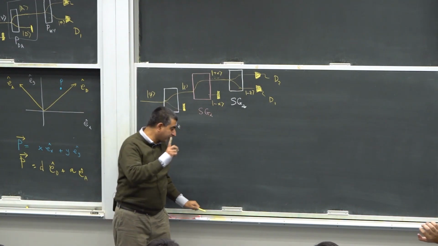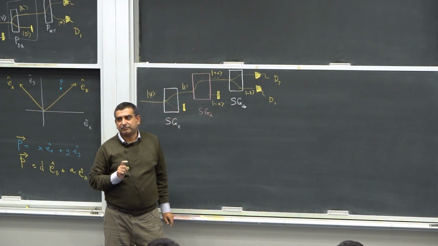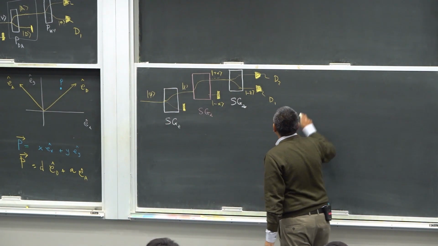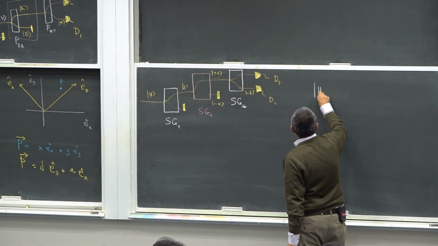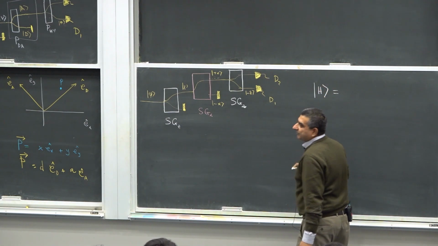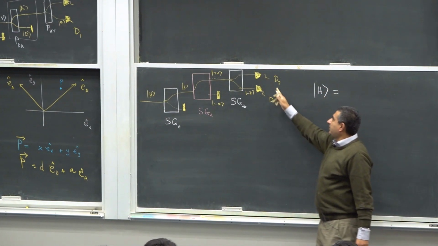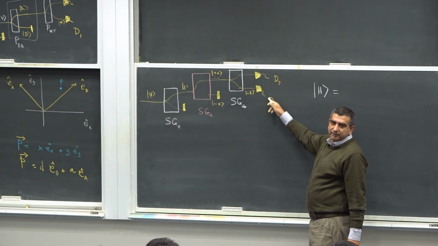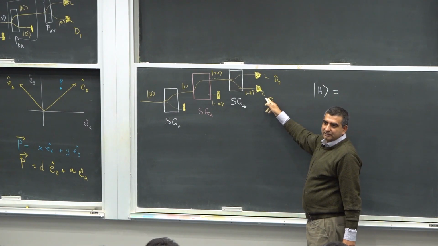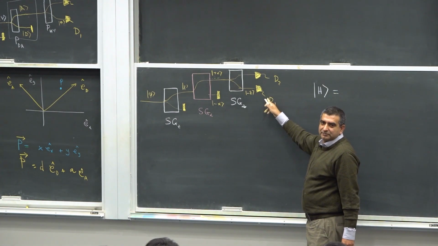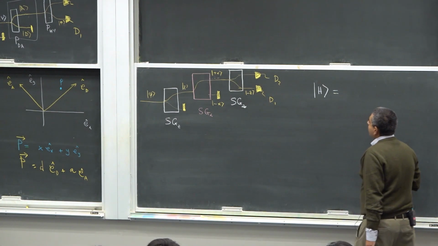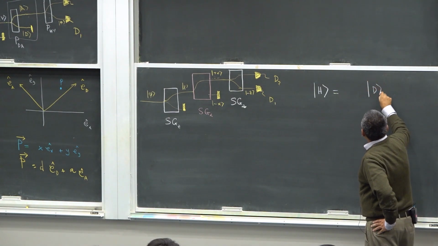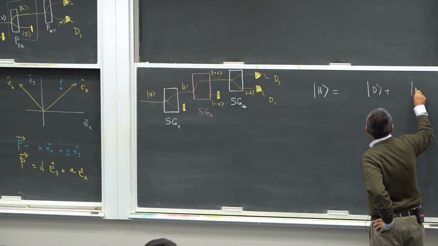All right, before I take your questions, one small exercise for you. Just as a simple exercise, by the way, you'll be asked in your quizzes and your exams to calculate these probabilities. All right, this is the fun part. Can you express ket h as a superposition of ket d and ket a?